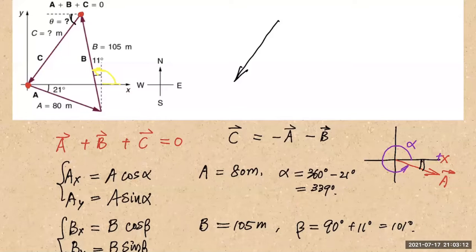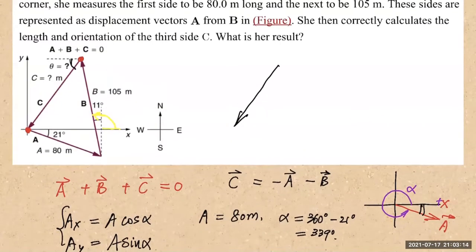Okay, now C points into the third quadrant, right? So this is C here. And if I were to draw a coordinate system, then I would get something like this: X and Y, positive X and positive Y. So that's why you know both the X, Y components of C are negative.